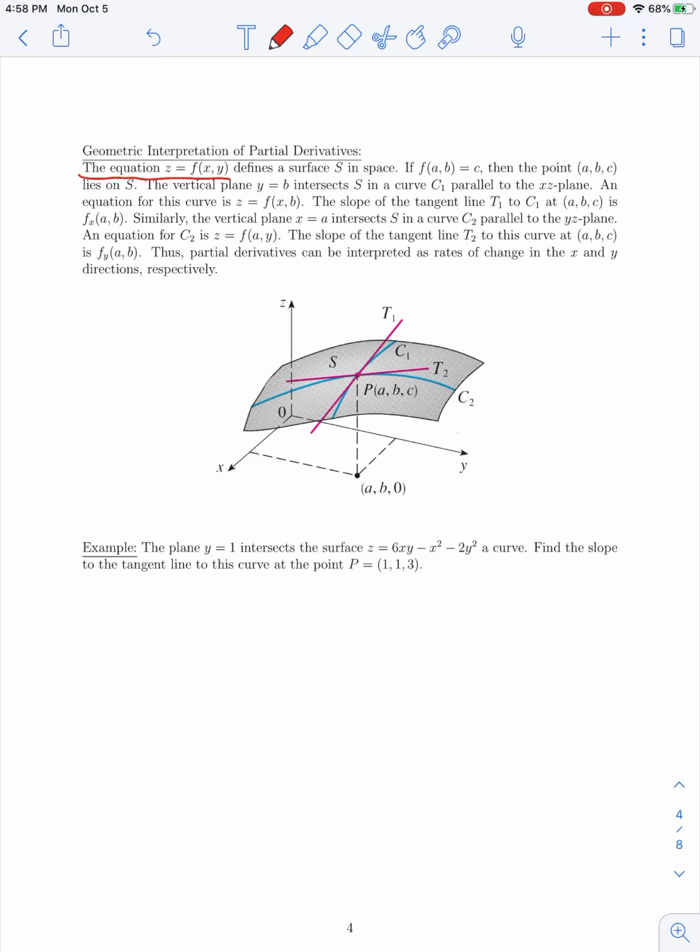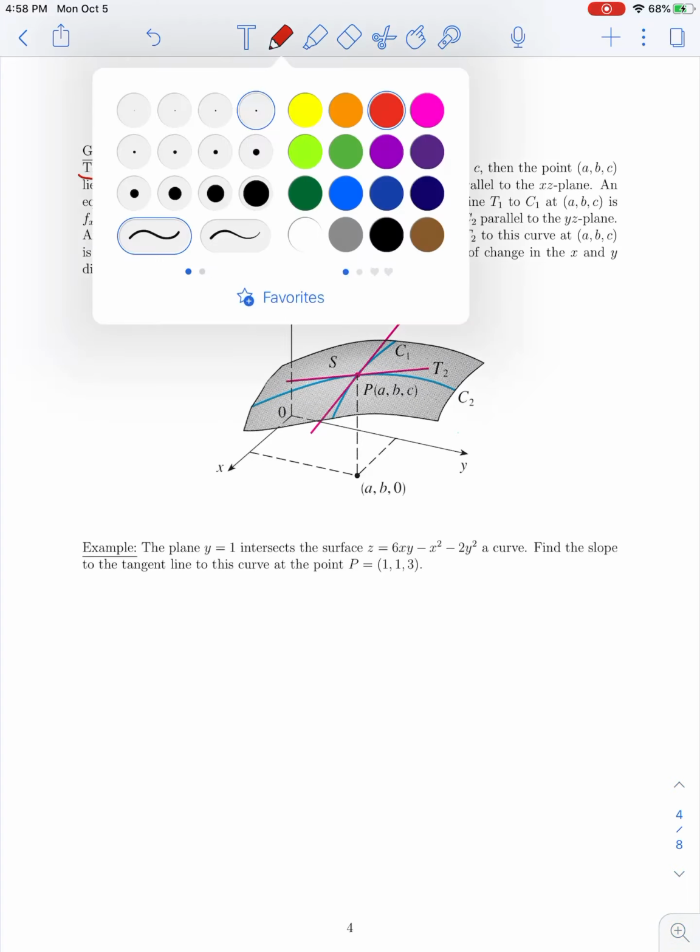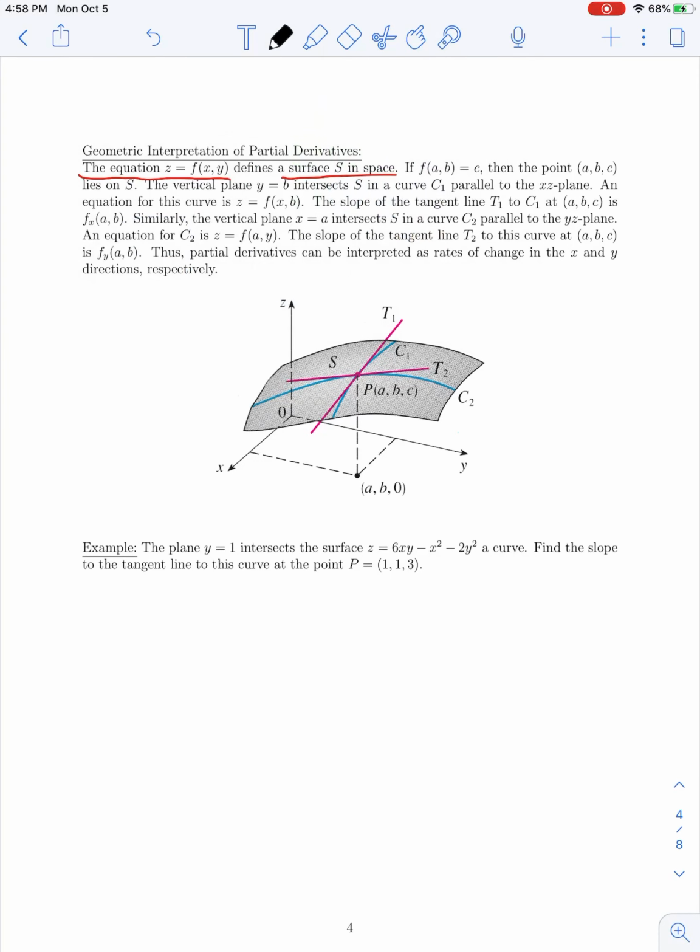Now this equation, the graph of a function of two variables, defines a surface in space. We'll call that surface S. So shown here below, we have this surface in 3 dimensions, outlined or shaded in gray. We're calling that surface S.